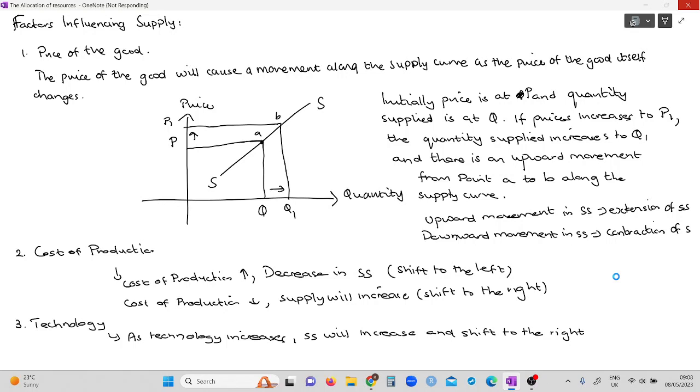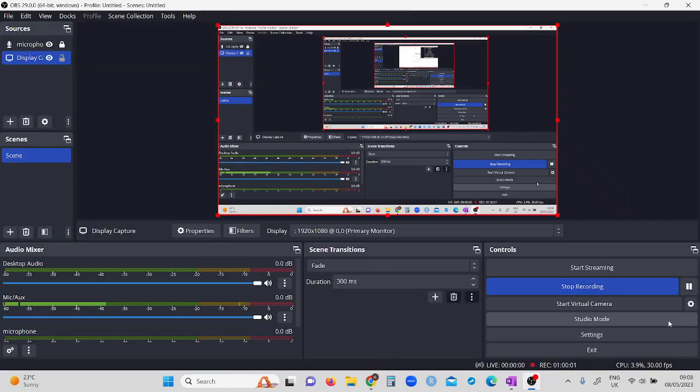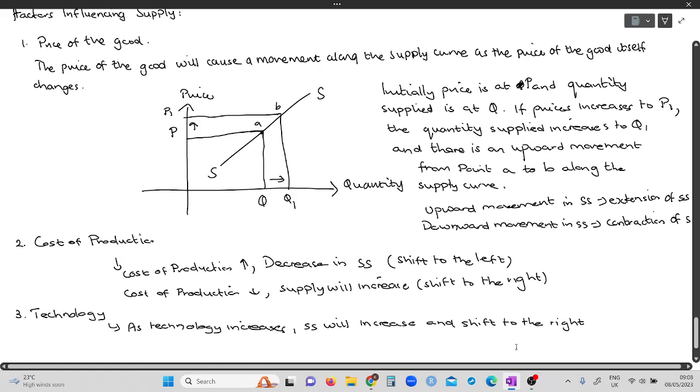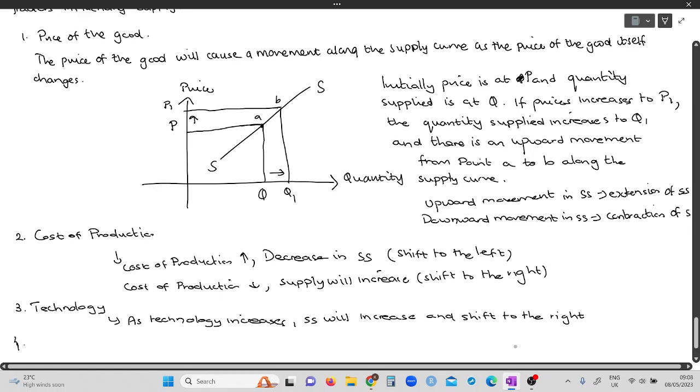So as producers, they will tend to reduce the supply. Poor weather conditions will definitely reduce the supply for many agricultural products.